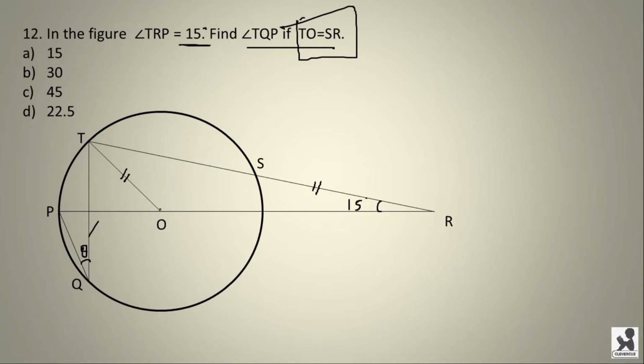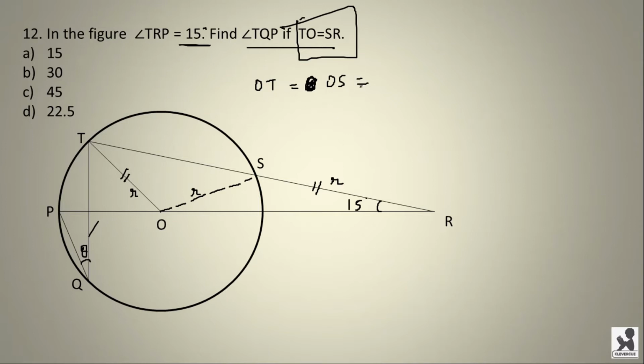If we join the line OS, you can see that OT and OS both are radius. This is radius and this is radius. So OT is equal to OS. That means SR is also equal to OS.